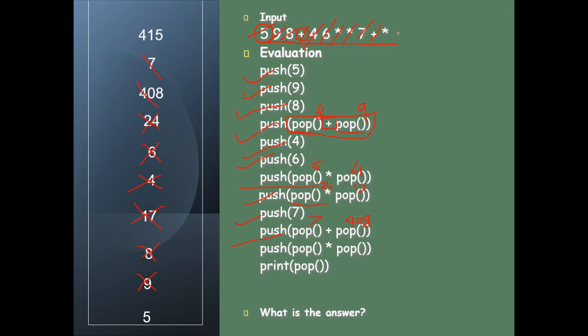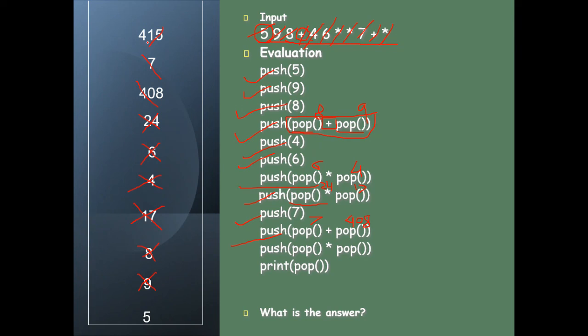And then comes the last one, that is star. Star is the operator, again the same thing: you have to take the two recent elements present in the stack. Of course, only two elements are present in your stack currently, one is 5 and another is 415. So you are going to pop.